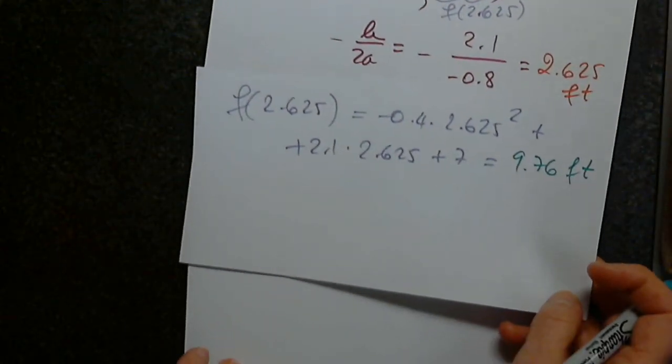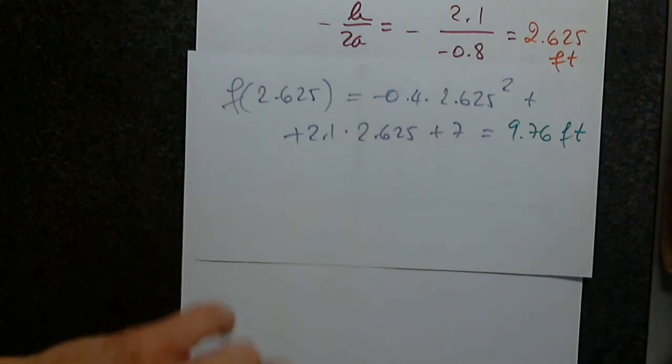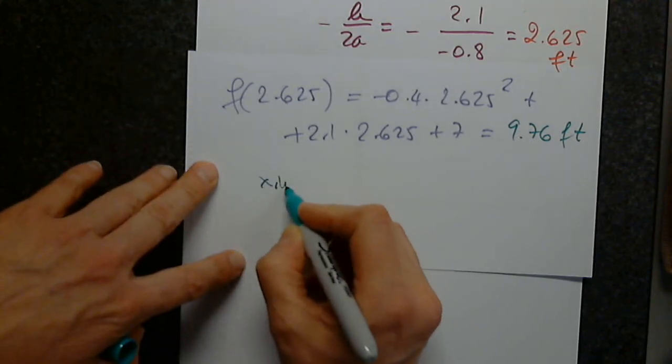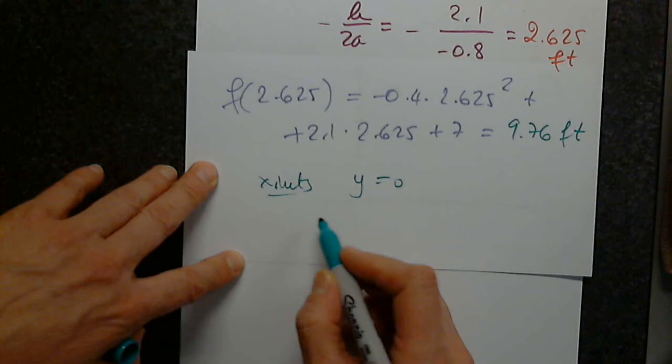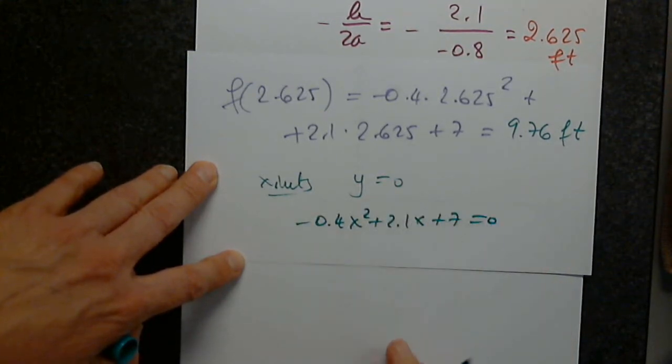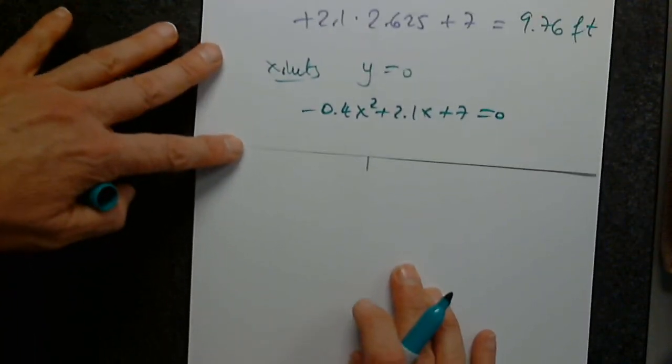And now we're asked, final question, how far does the ball travel horizontally? What does that mean? What am I asked to find now? The x-intercepts, right? It hits the ground. So x-intercepts when y is 0: negative 0.4x squared plus 2.1x plus 7 equals 0. So we have to use the quadratic formula.